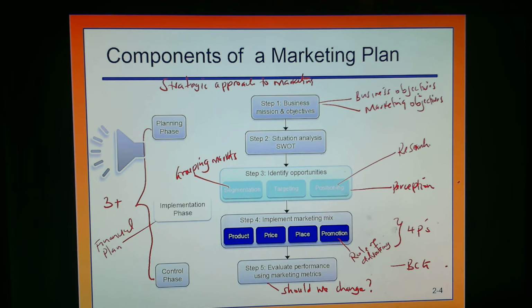We are also going to identify the product features, and lastly, we have to identify how we're going to promote or communicate or create awareness of the product to consumers, because consumers should be made aware of the product, and how we can go about trying to build a brand for the company or for the product.